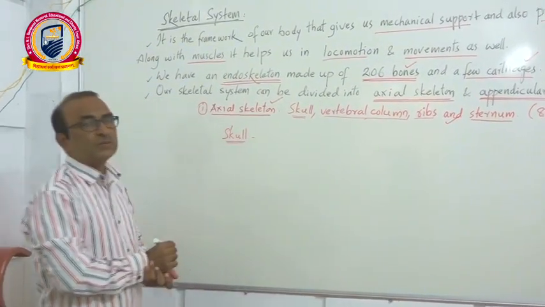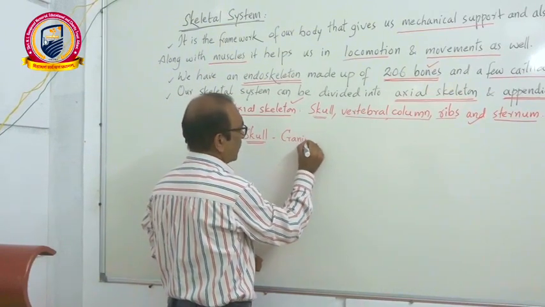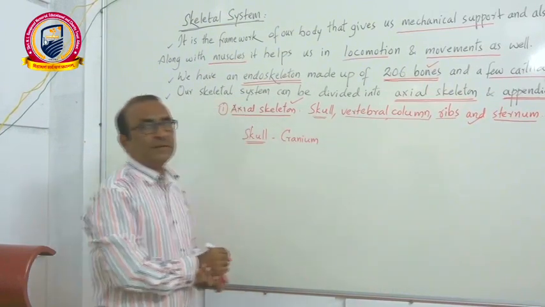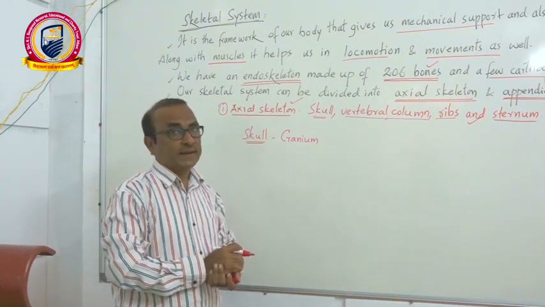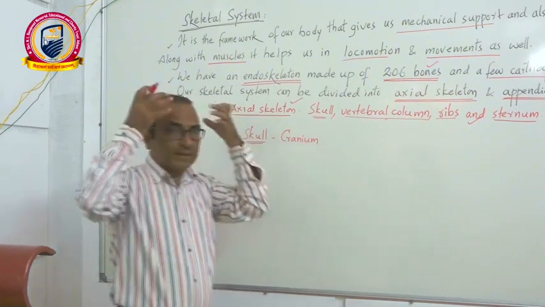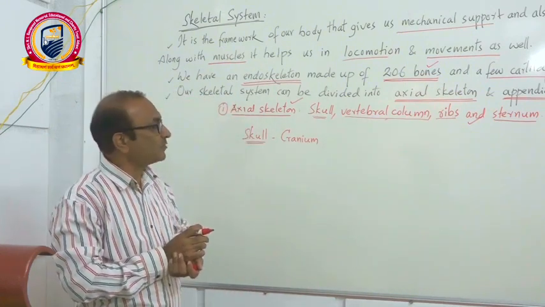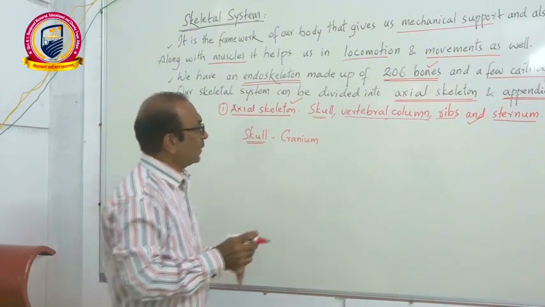Our skull has got cranium. Cranium is a bony box which lodges the brain inside. Cranium is the box-like structure made up of bones inside which our brain is located.